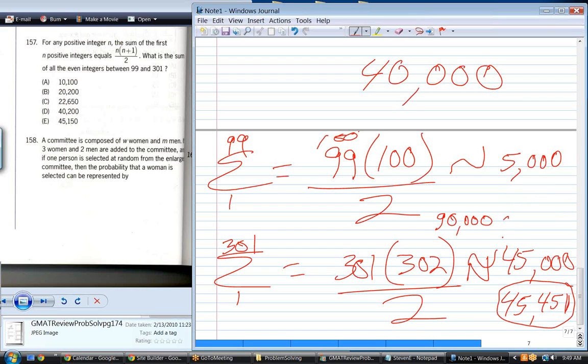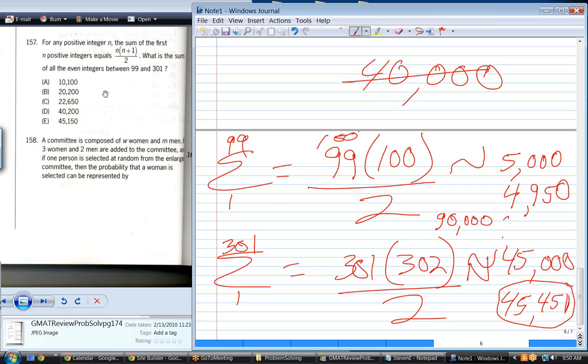So this is actually 4,950. And so now if we take the difference between those two and cut it in half, we still don't get up to 22,000, anywhere close. In fact, this is the exact answer.